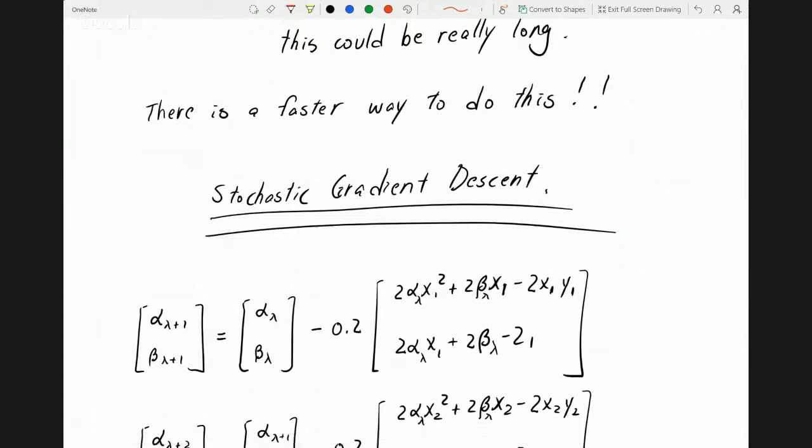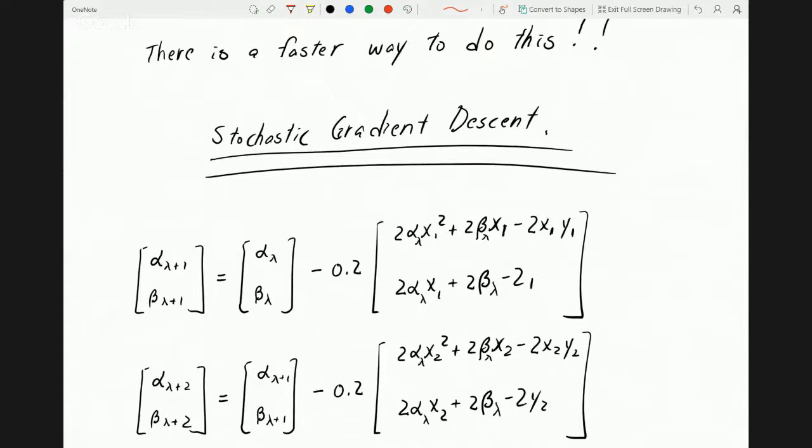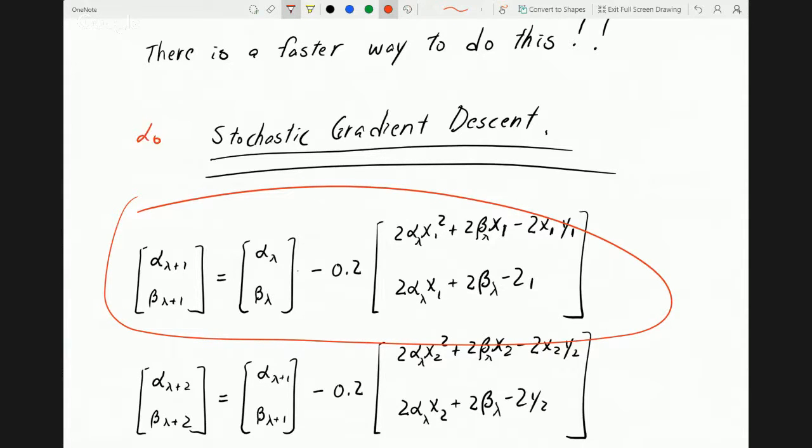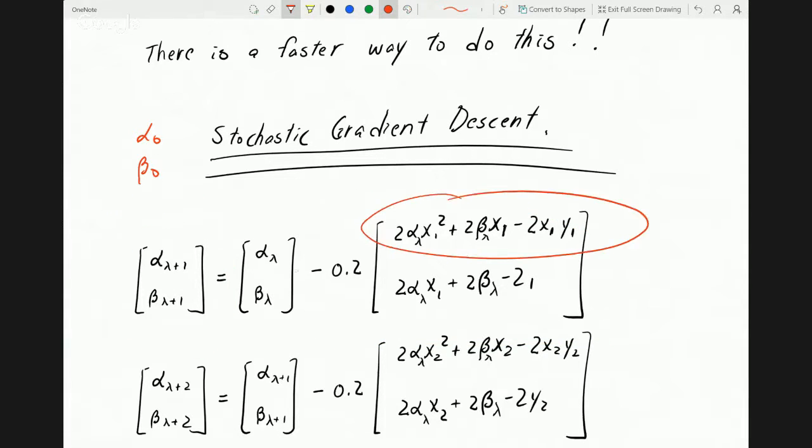What stochastic gradient descent says is that for the first run, you start with alpha 0, beta 0. And to get alpha 1, beta 1, all you have to do is pick the first data point. You don't need the sum anymore because you're only looking at one data point. Well, let me rephrase that.